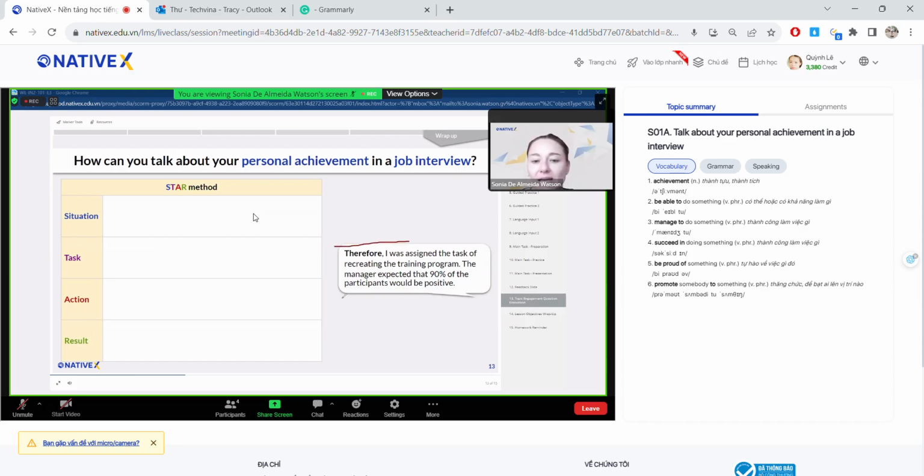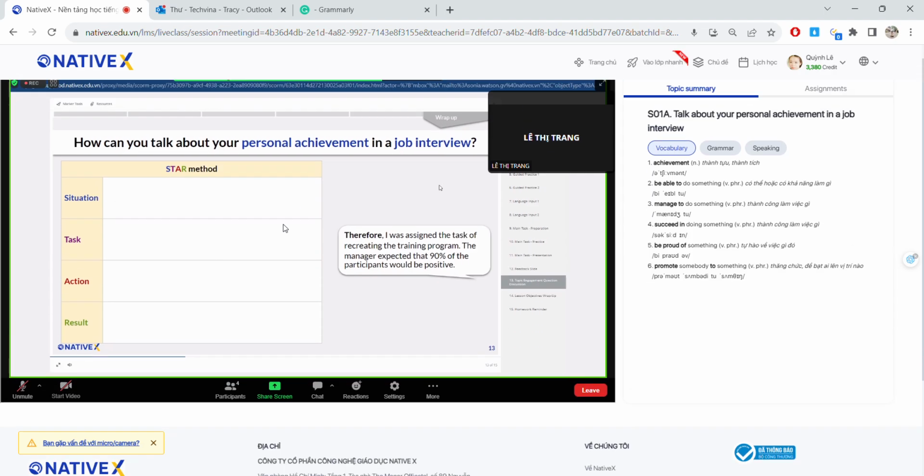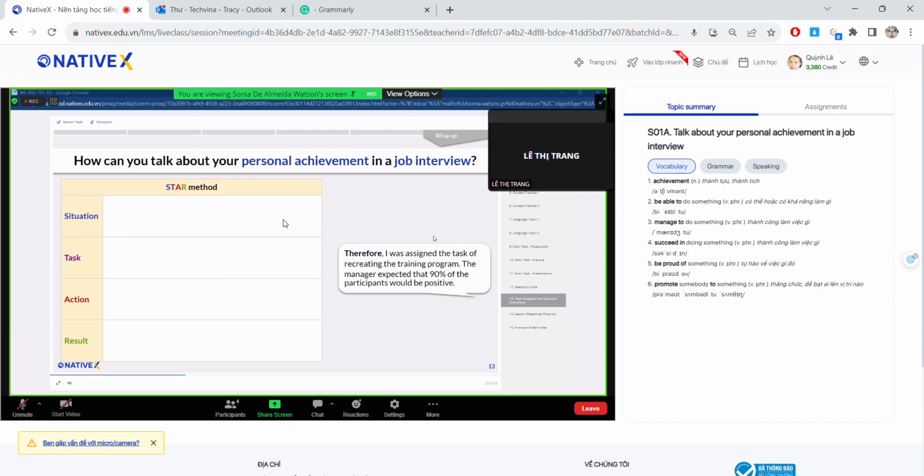Over here, Trung, let's read this and see what part of the STAR method it belongs to. Can you read that for me? Therefore I was assigned the task of recreating the training program. The manager expected that 19% of participants would be positive.